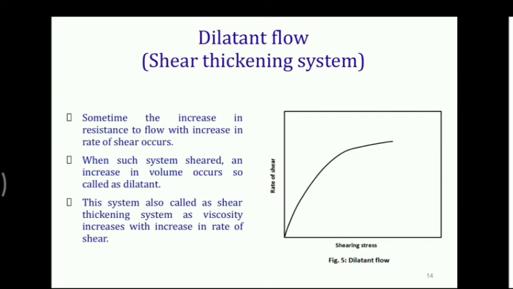In a pseudoplastic system, as you increase the shearing stress, the viscosity decreases, while in this case, as you increase the shearing stress, the viscosity increases. That's why pseudoplastic systems are called shear thinning systems, while dilatant systems are called shear thickening systems.